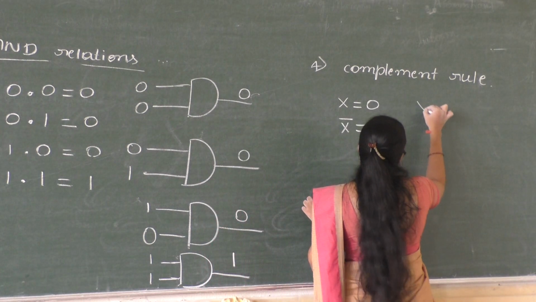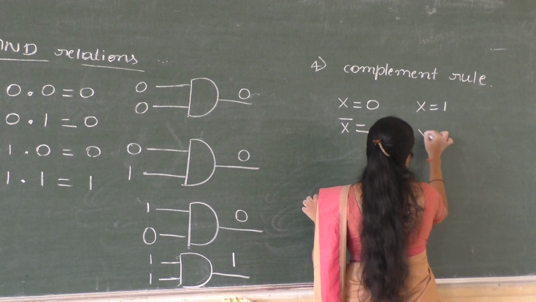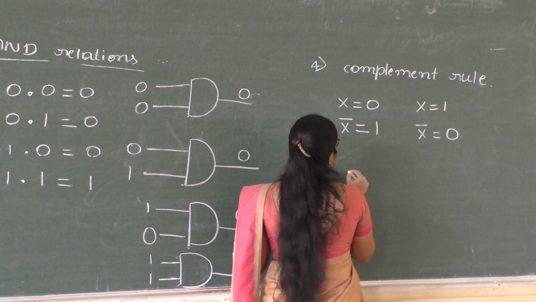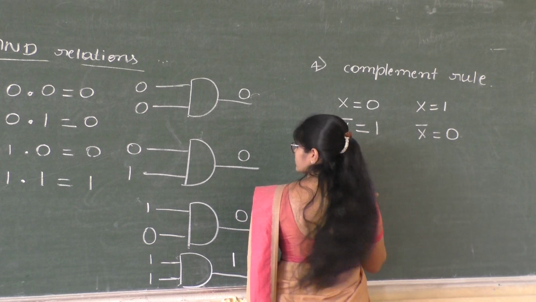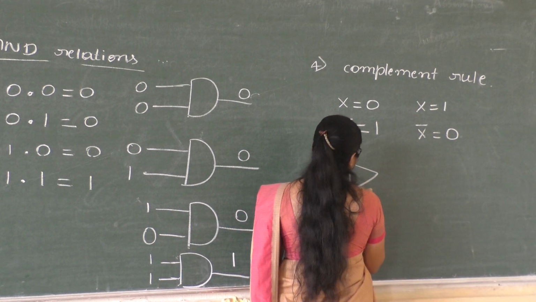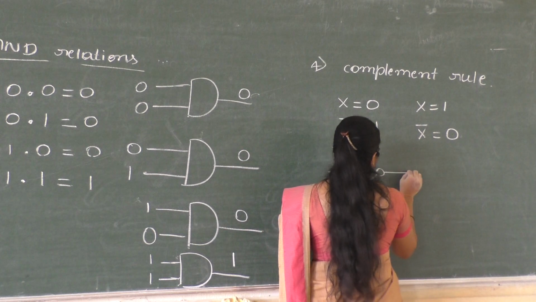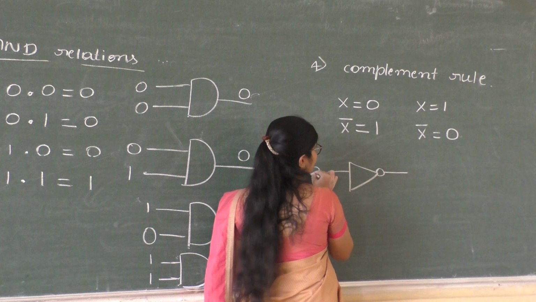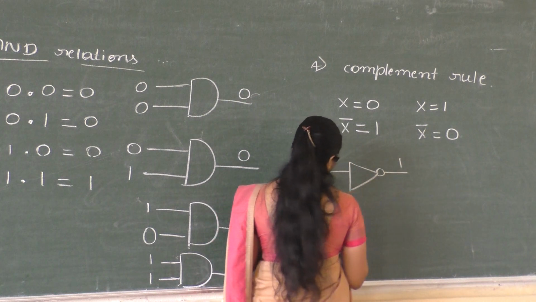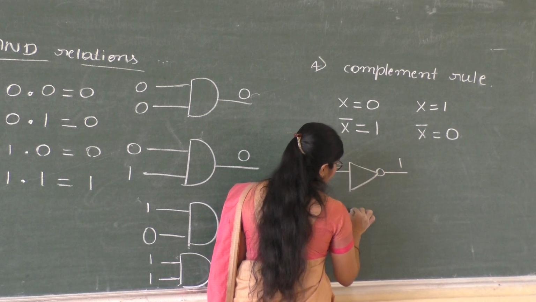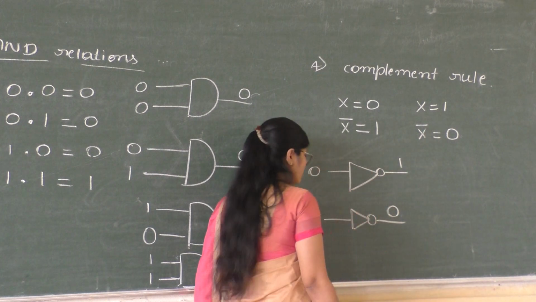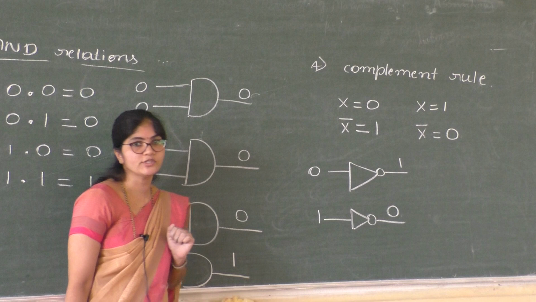If x is equal to 1, x bar is equal to 0. If the input signal is 0, that is, if the x value is 0, the output signal is 1. If the input signal is 1, the complement of 1 is 0. So these are the Boolean postulates.